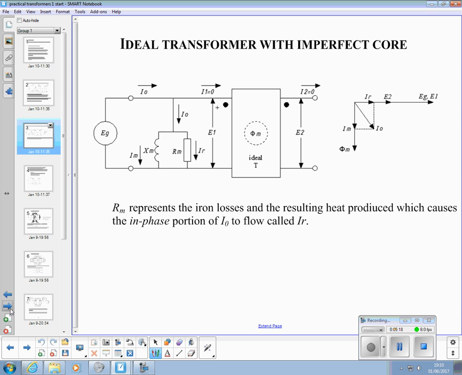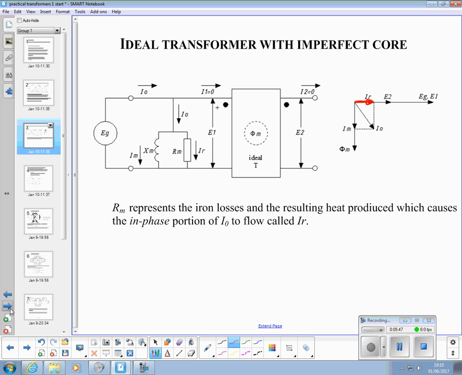So, looking at that in a little bit more detail, Rm represents the iron losses, the resultant heat produced, which causes the in-phase portion of I0 to flow. So here, it's the Ir current. It's current through a resistor, therefore it's in phase with the generator voltage. There's the generator voltage.